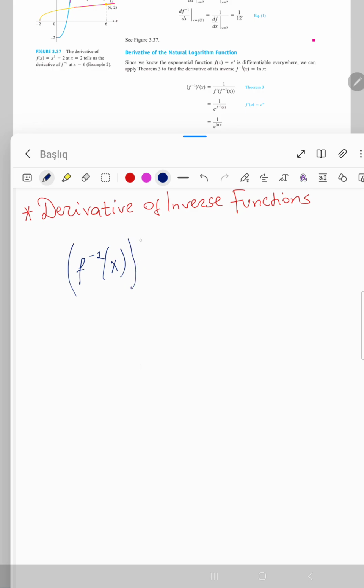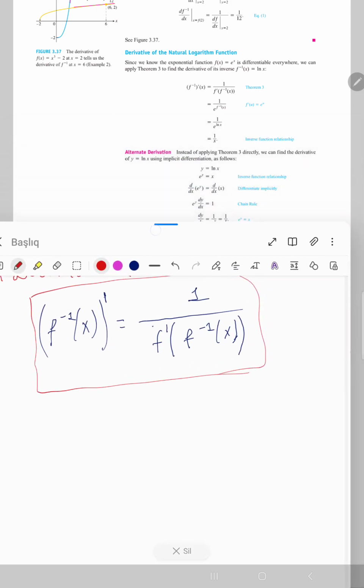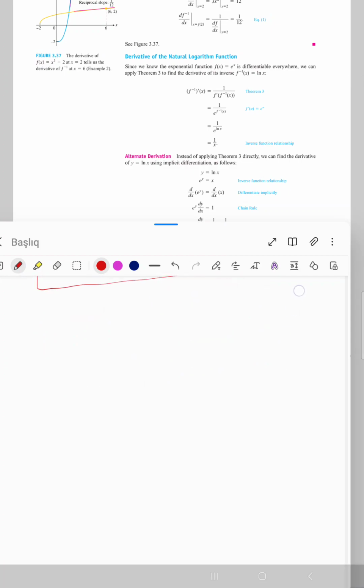It's easy to remember, I think, and easy to apply. And that's it. Okay, now let's move on to the next part, the derivative of the natural logarithm function.